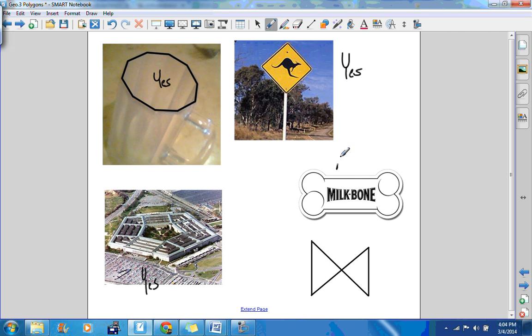But this one here is not a polygon because the sides are curved here on the end. And this one here is a little tricky, but this is also not a polygon because the sides cross each other. But if you split it up, this would be two separate polygons or triangles.